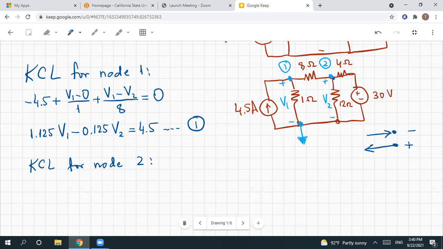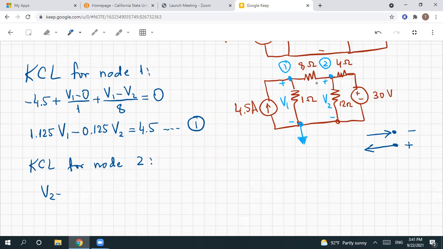So what will be the current leaving node 2 in this direction through the 8 ohm resistor? V2 minus V1 over 8.